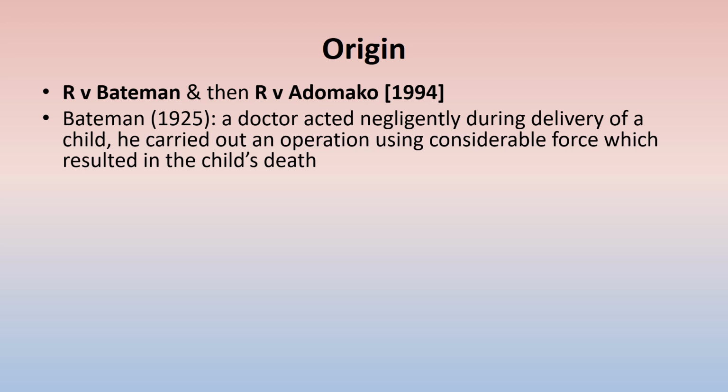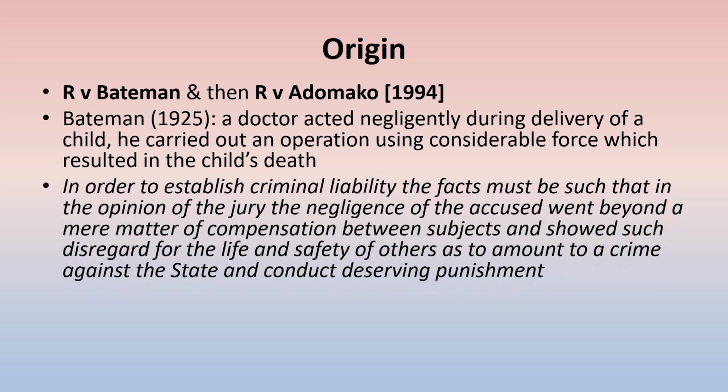If you think of Shaw v DPP, the creation of the offence to conspire to corrupt public morals, Shaw was found guilty of that offence as it was created in his case. So obviously that is a drawback of this system of lawmaking, but nevertheless it enables society to move forward. And I've put a summary of what was said in Bateman.